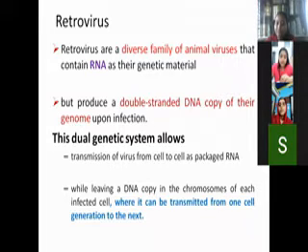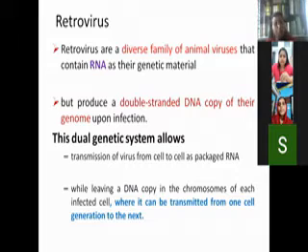And when the retrovirus infects, it leaves a DNA copy in the chromosome of each infected cell, where it can be transmitted from one cell generation to the next.